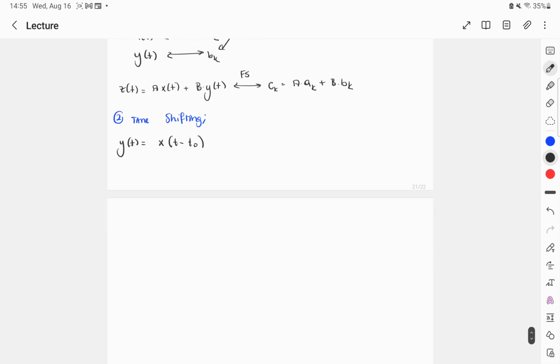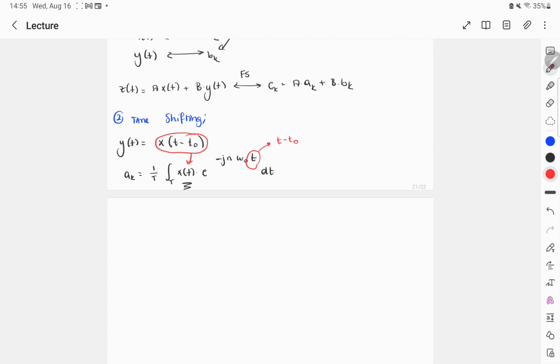We already knew that for any a_k, which means Fourier series coefficients, we need to use this formula: 1 over T integrated over T, x(t) times e to the power of minus j n omega t dt. So instead of x(t) here, we will instead write this one, and then instead of t, we will write t minus t0.